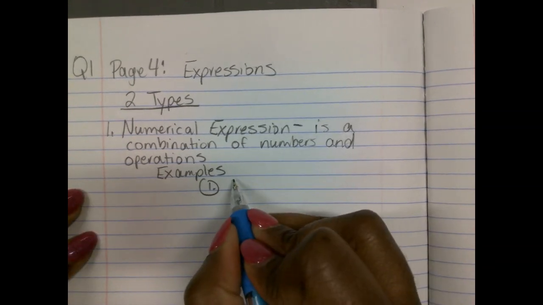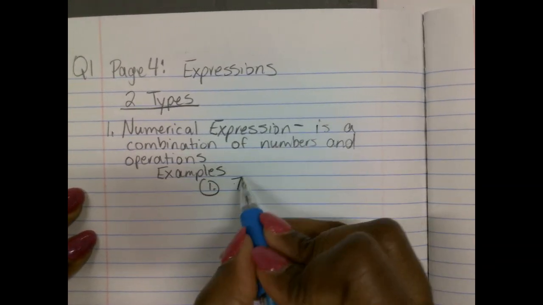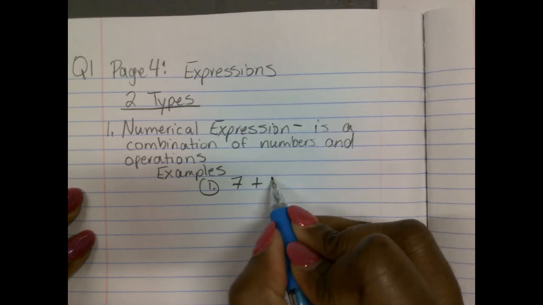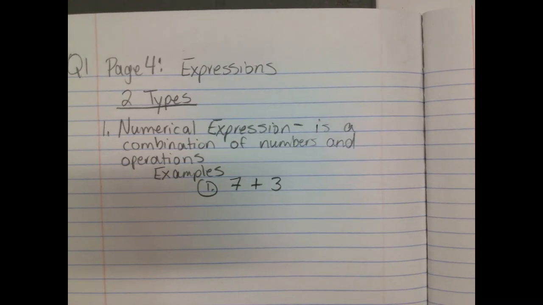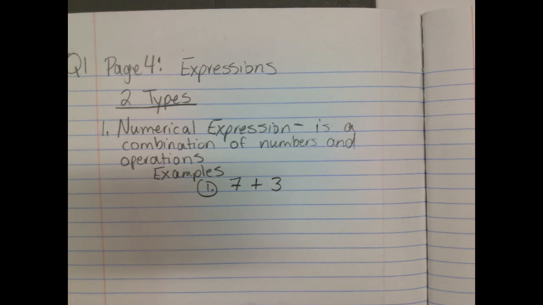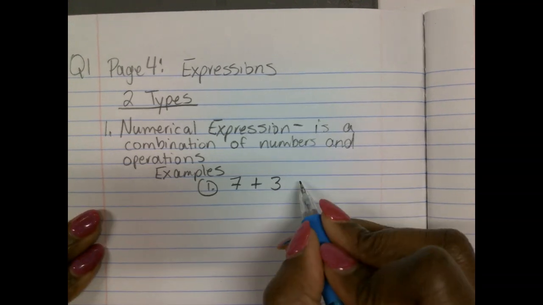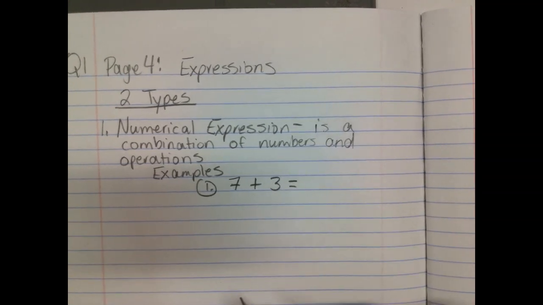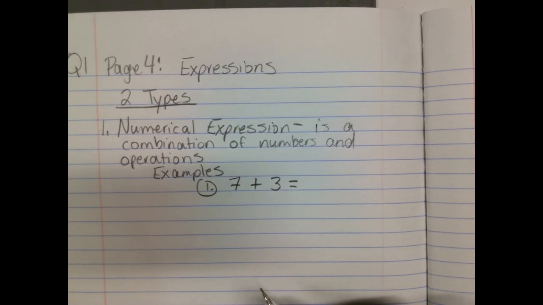Let's do a basic one. 7 plus 3. That's a numerical expression by definition. Why is this by definition a numerical expression? Because it has numbers and it has operation. What operation is here? Addition. And I can put an equal sign on the end. Is that going to change that it is an expression?